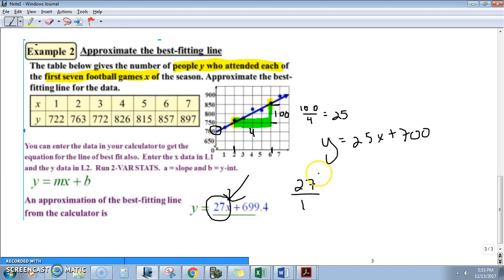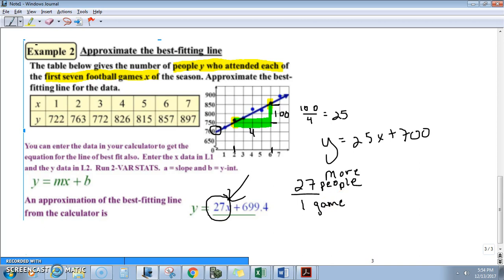It means 27 more people attended for each game. Okay, for every game, 27 more people attended.